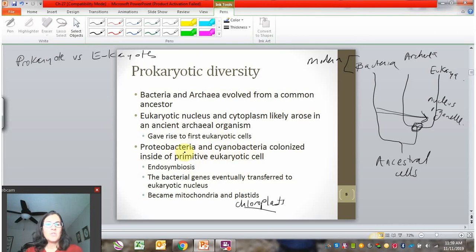And that is that two types of bacteria, proteobacteria and cyanobacteria, colonized the inside of the primitive eukaryotic cell. So at some point after this split, there were bacteria that started living inside of early eukaryotic cells. This is called endosymbiosis. And so these bacteria would live independently inside of this early eukaryotic cell for thousands and thousands of years, presumably. But of course, today, that's not true. They're not actual bacteria inside of it. They're the mitochondria and the chloroplast.